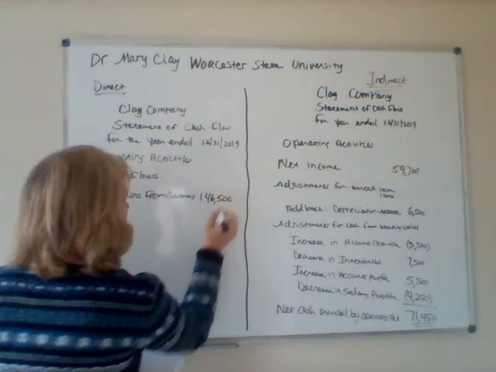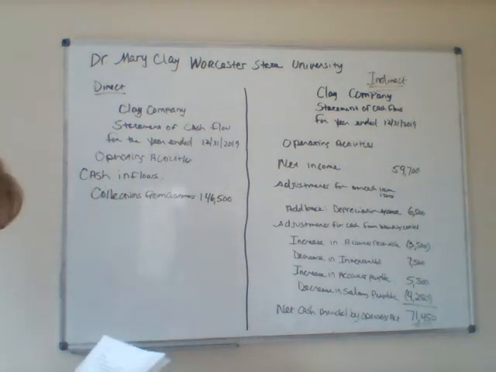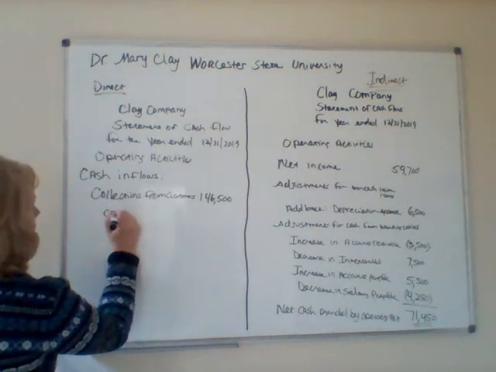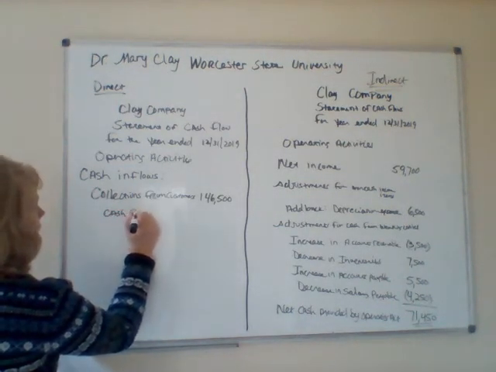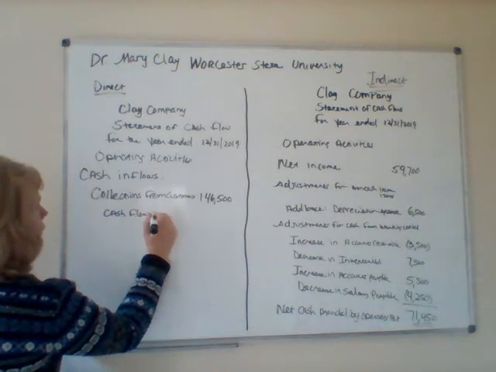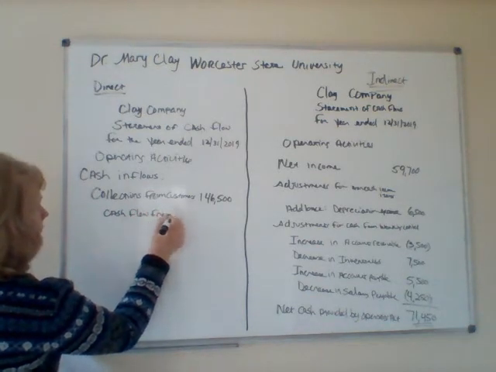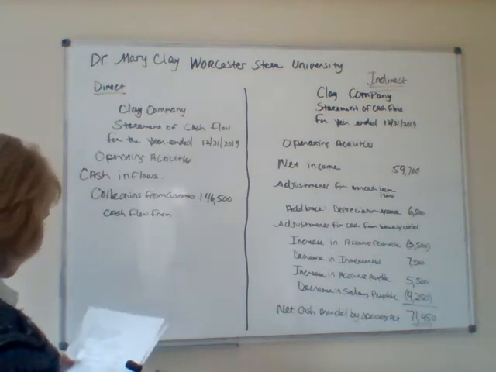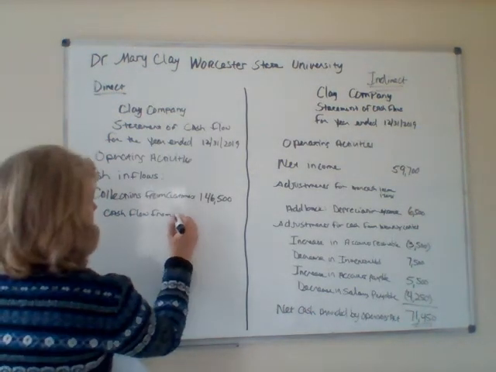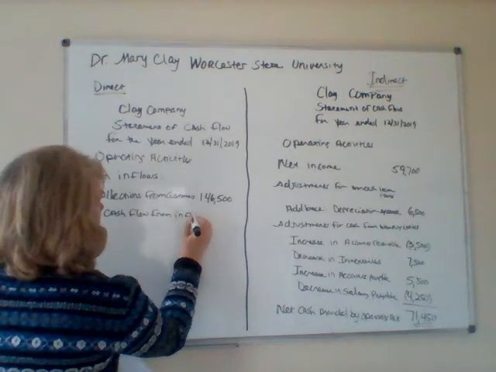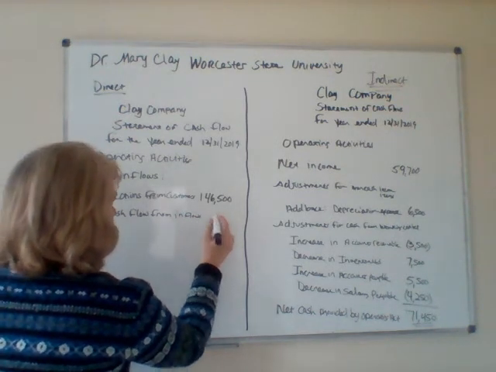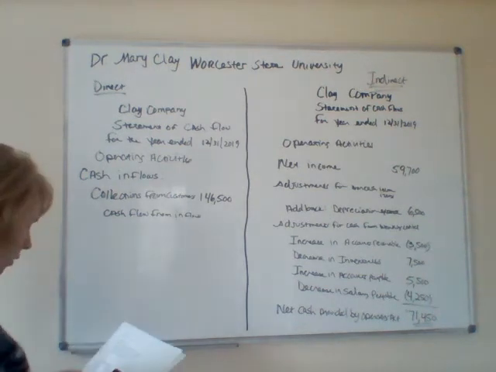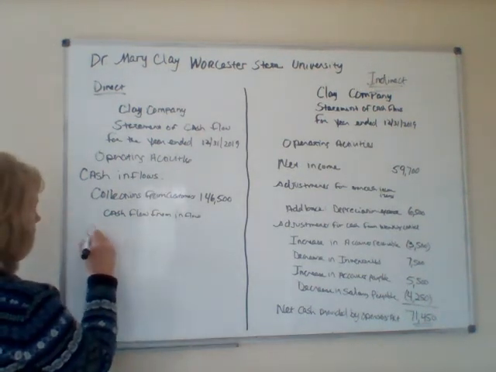Make sure to put your commas in, all right? Then, so my total cash inflows, because that's the only item, that's a collection from customers, is 146,500, okay? All right, now let's do the cash outflows.